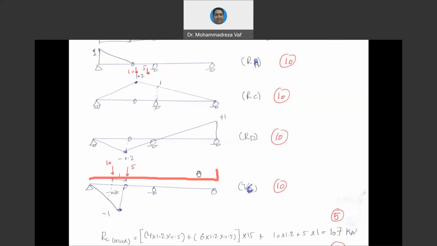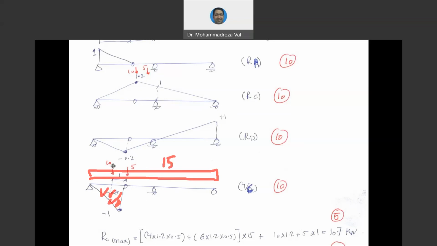Therefore, we are going to have the effect of uniform load, 15 kilonewton. Since this side doesn't have any area, we have only this area to calculate and multiply by 15. So this area is, the length is 4 meter multiplied by negative 0.1 and multiplied by 0.5. And then when the area was calculated, multiplied by 15. That will be the shear force due to the uniform load.